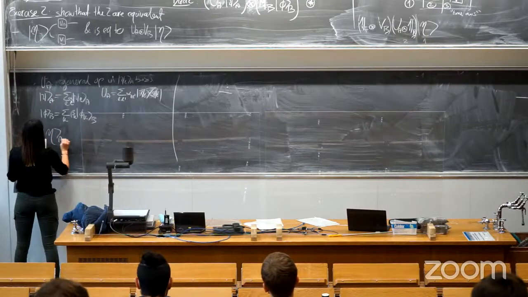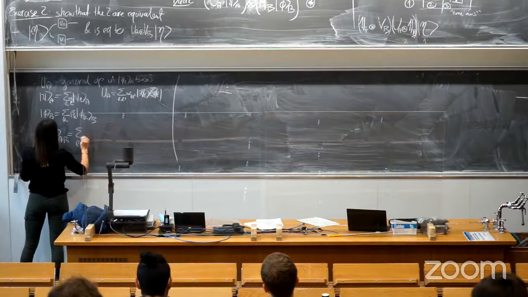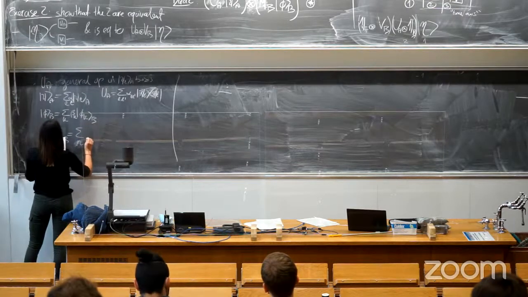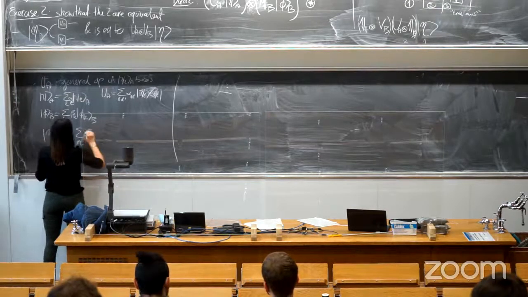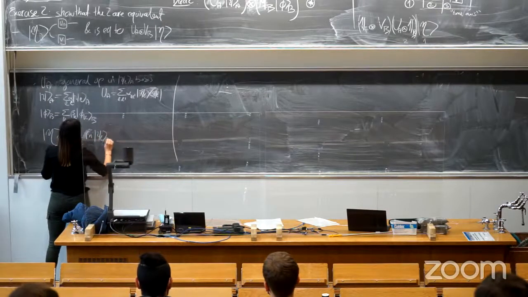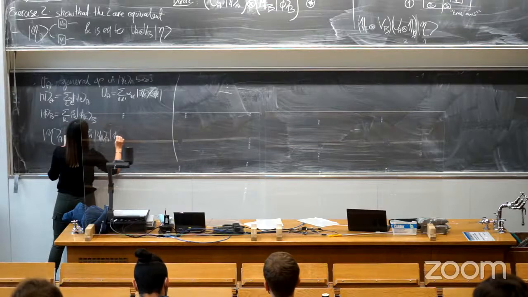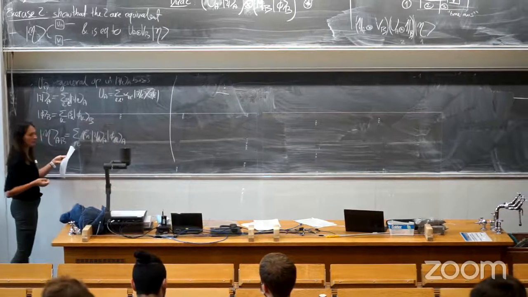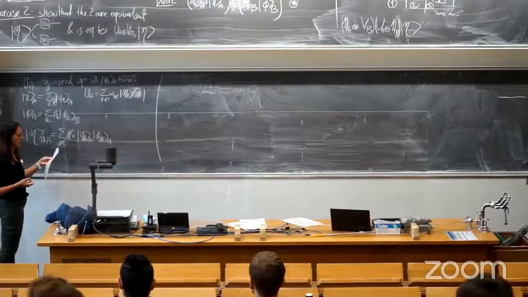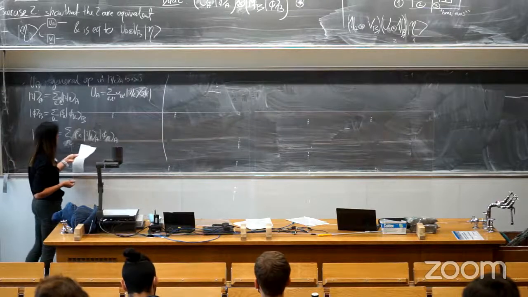Maybe it's the sum over n of gamma_n c_l A, phi_n H, something like this. Great.